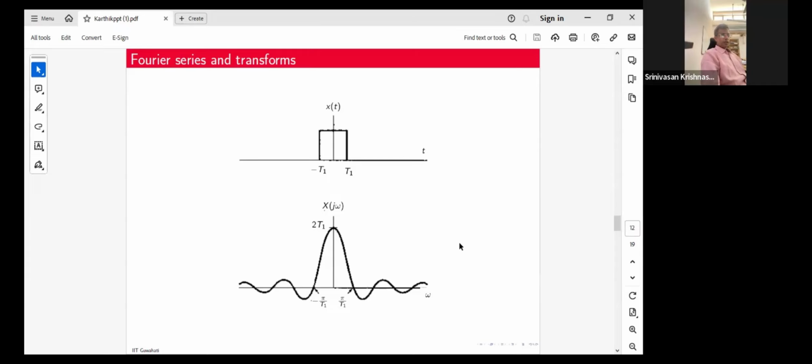But if your time goes to infinity, suppose I have a constant signal, say 2 volts at every instant of time, then all the energy will be contained just at the 0 frequency point.